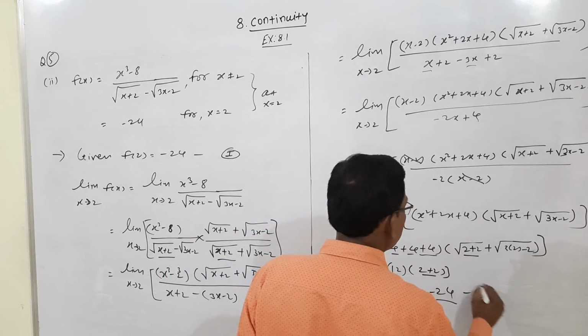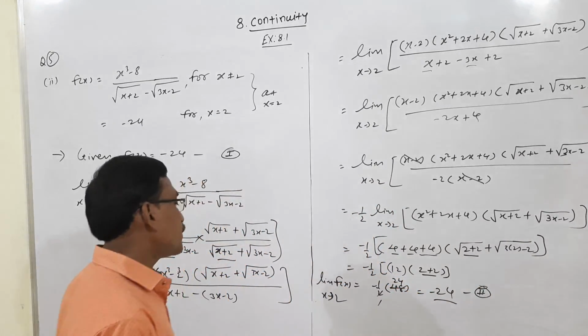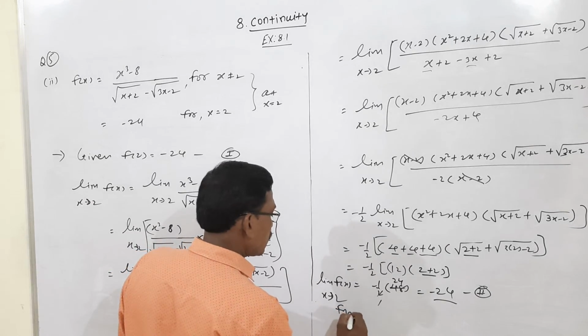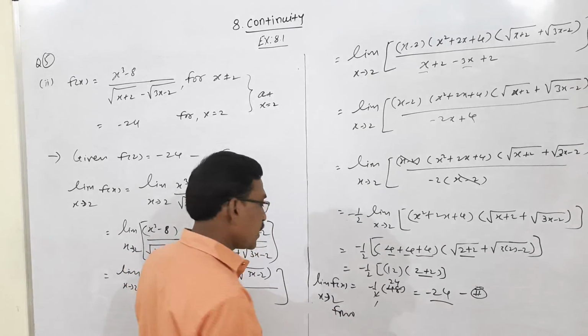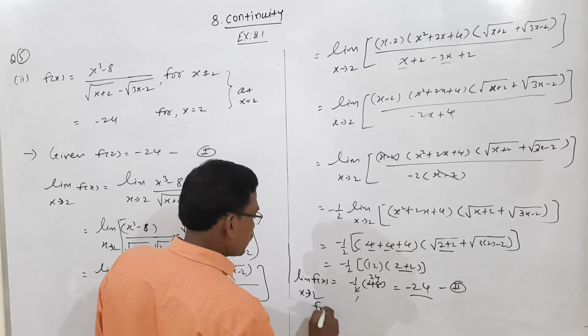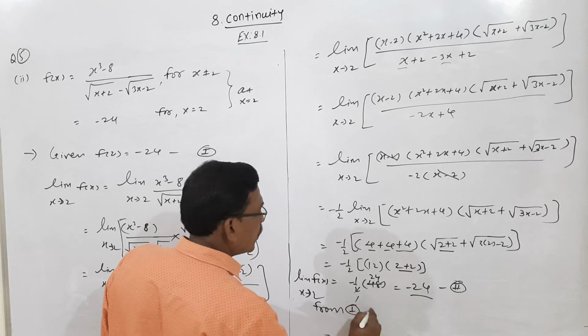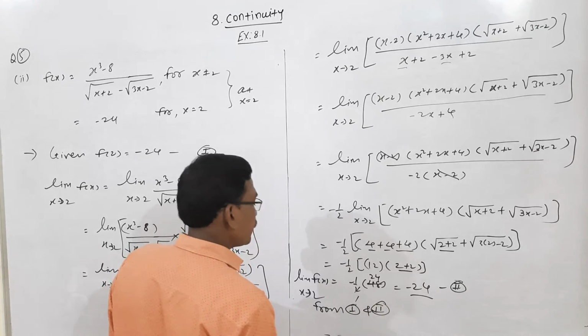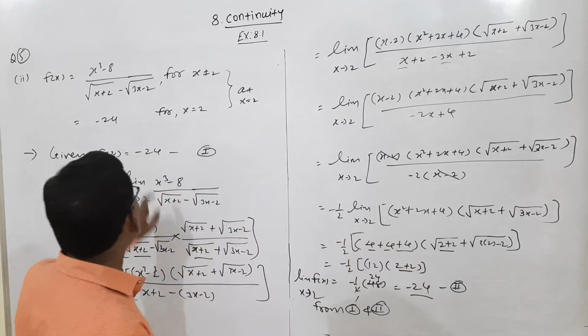Call this equation second. From equations 1 and 2, the right hand sides are equal.